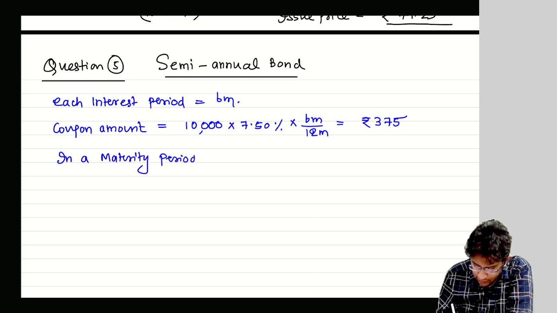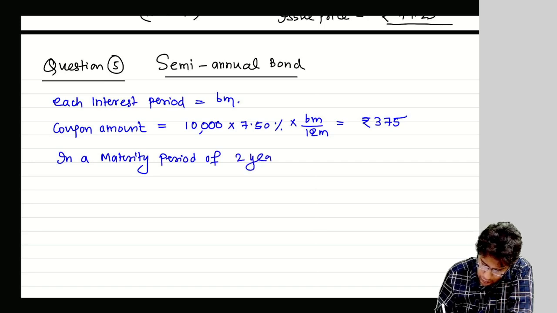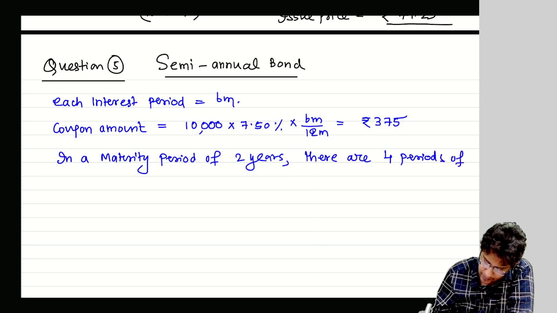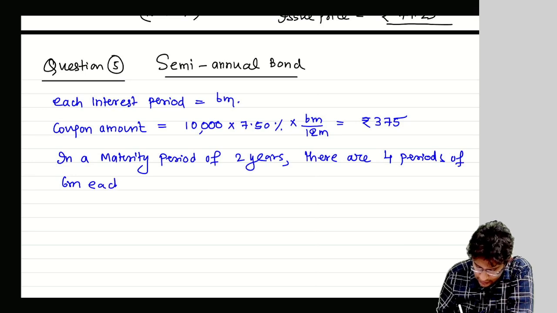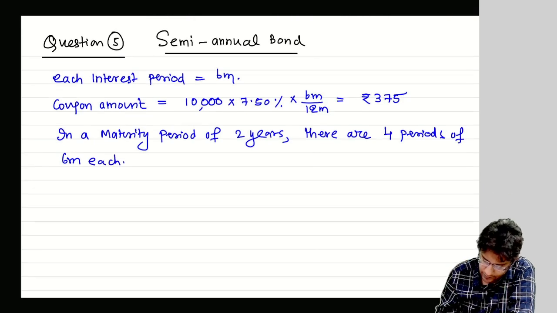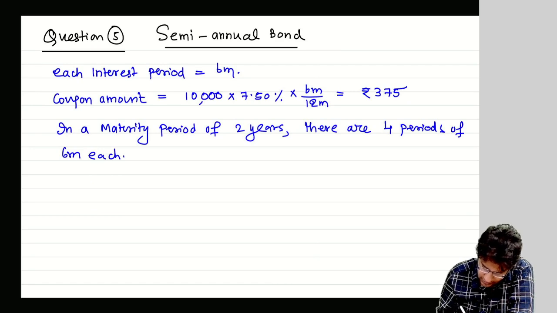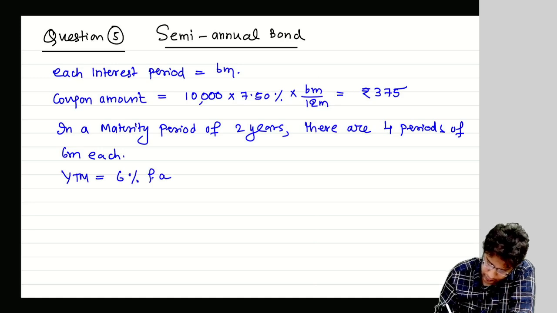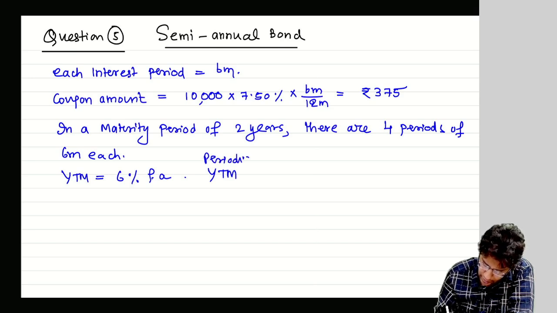In a maturity period of 2 years, there are how many periods? 4 periods of 6 months each. Next one. YTM is equal to 6% per annum. Periodic YTM is equal to 6% into 6 by 12.